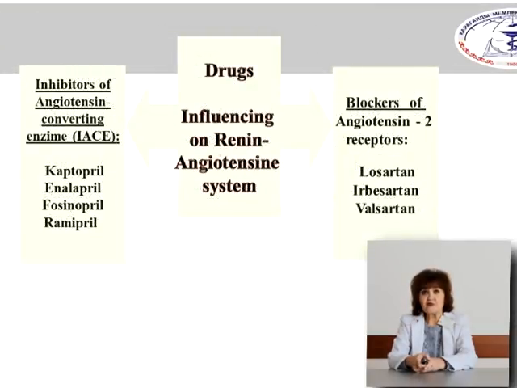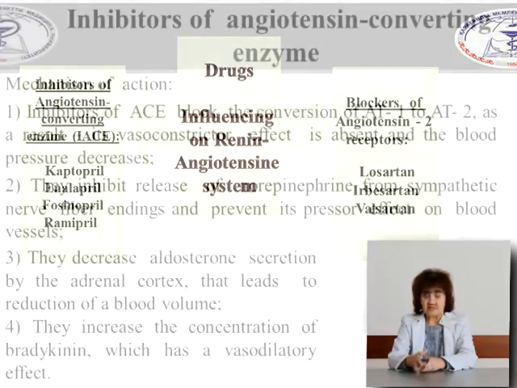Next group of antihypertensive medicines, drugs influencing on renin-angiotensin system, include inhibitors of angiotensin converting enzyme, such as captopril, enalapril, fosinopril, and ramipril, and blockers of angiotensin II receptors, such as losartan, irbesartan, valsartan.